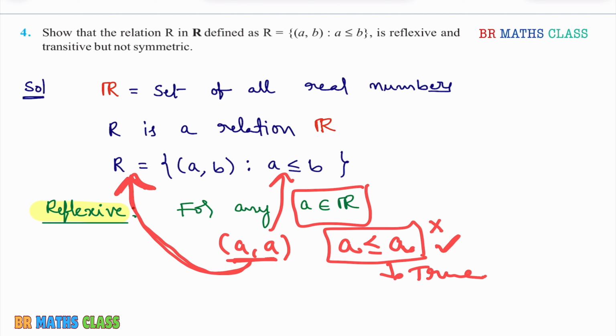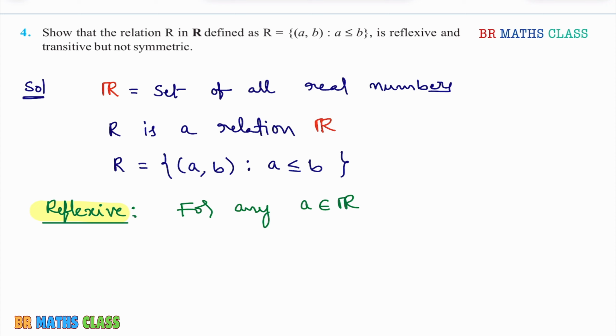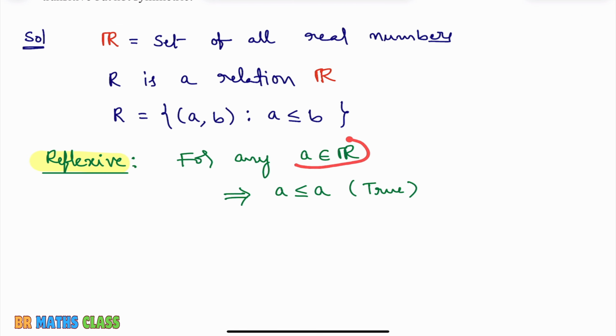I hope you are understanding. If I take any real number a, you know that a is less than or equal to a. This is true. As a is a real number and the ordered pair (a, a) satisfies this condition, I can write that the ordered pair (a, a) belongs to the relation. From this I can say that the relation R is reflexive.